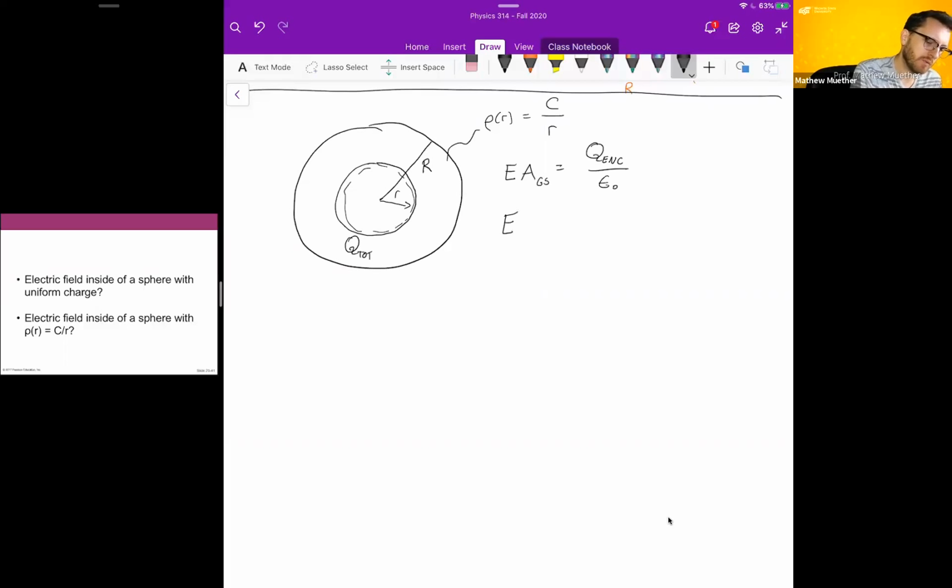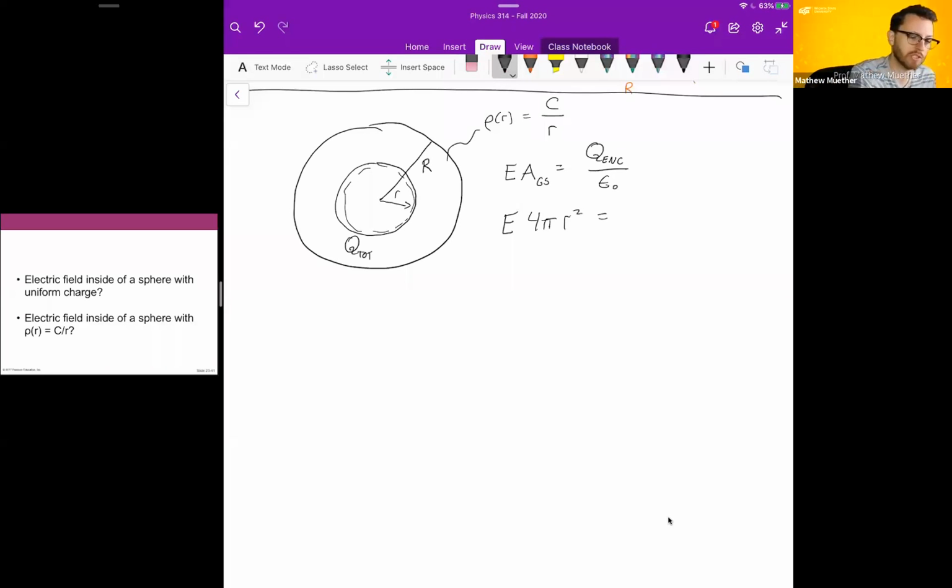This says E times, what's the area of my Gaussian surface? Again, it's 4 pi r squared.